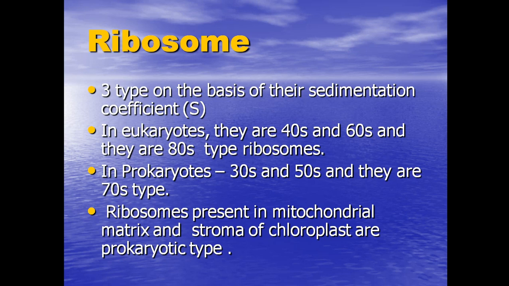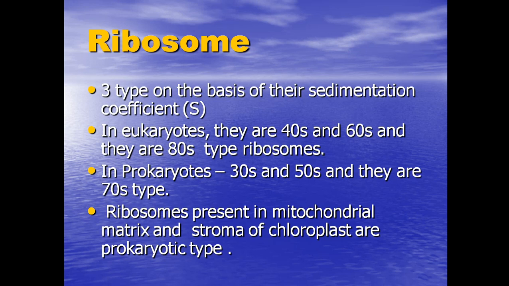Suppose you separate the two subunits, larger and smaller, in eukaryotes, and put them for centrifugation. Then the larger unit will settle at 60 Svedberg and the smaller unit will settle at 40 Svedberg when they are put separately.